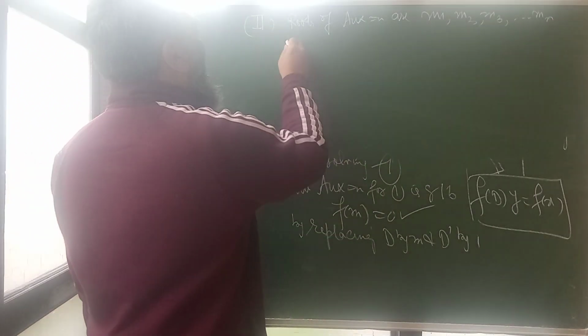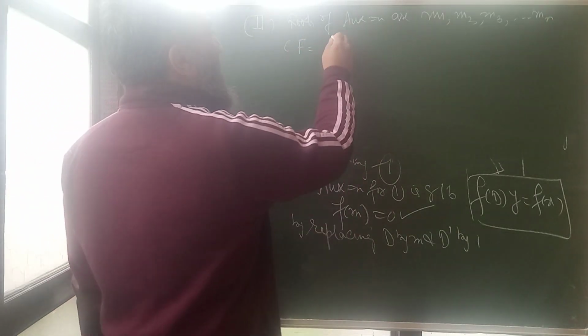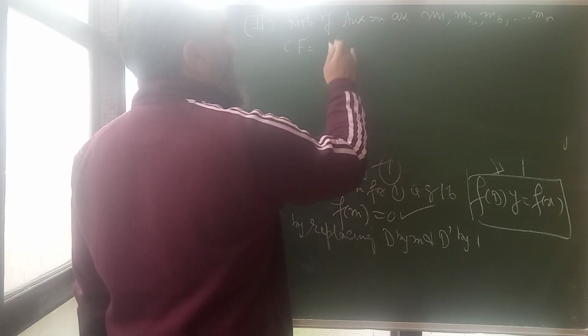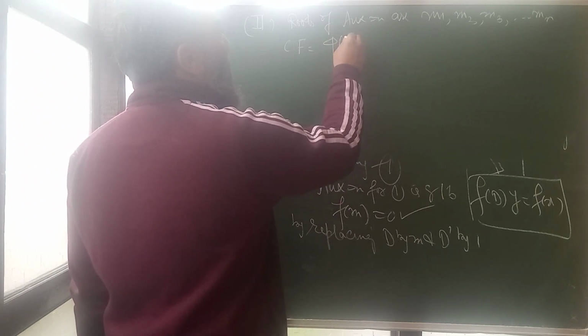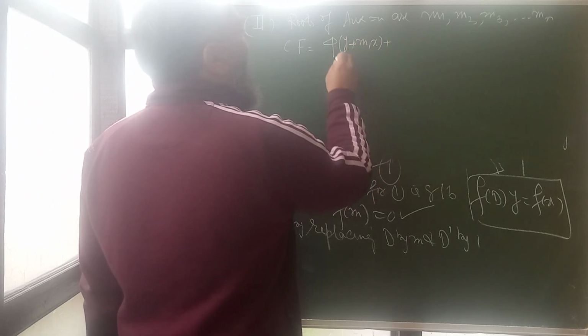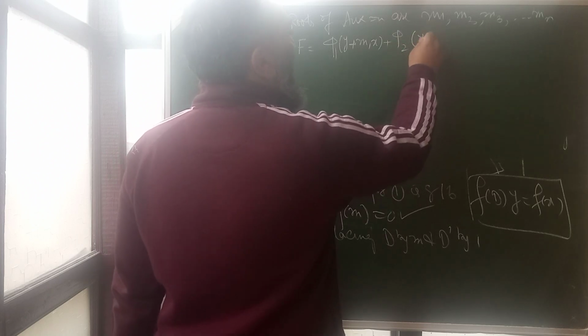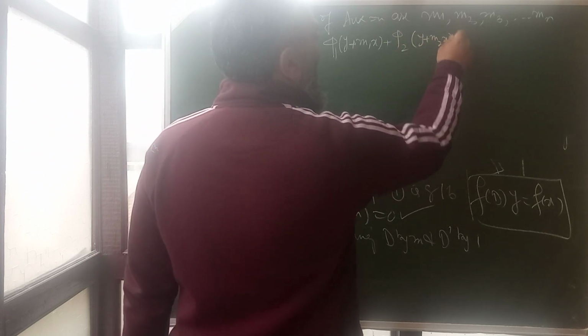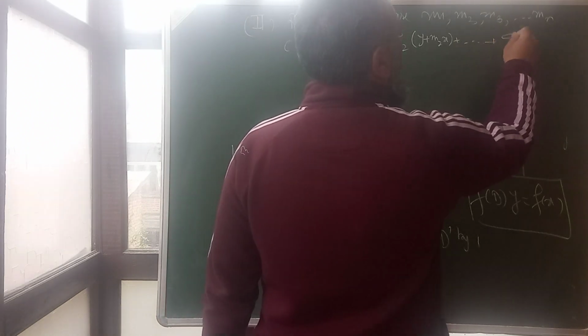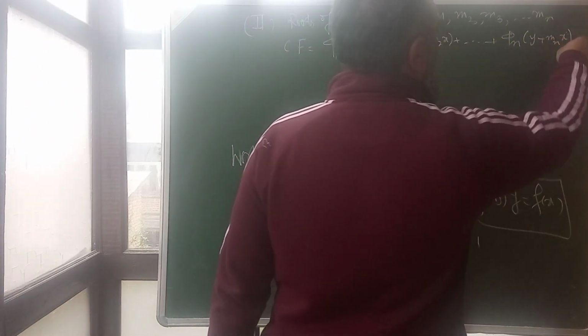Then your complementary function is, not c1, it is a function of y plus m1x, say phi 1, then phi 2 of y plus m2x, plus so on, a function of y plus mnx. This is it.